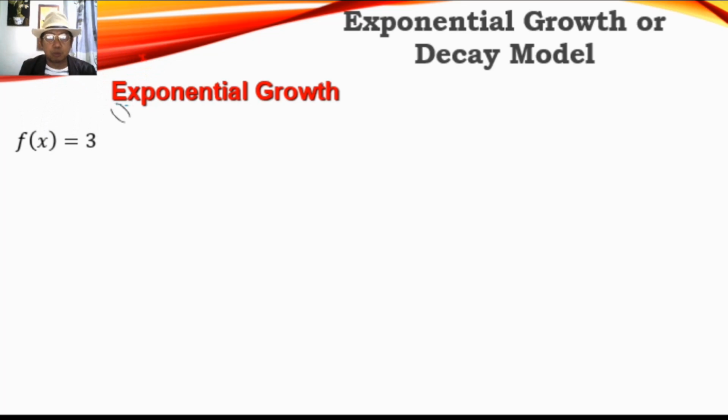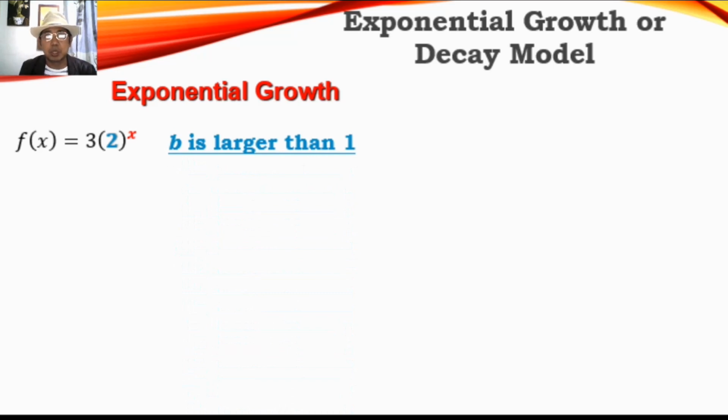To understand the exponential growth and decay model, now let's make a comparison by doing some computation. So what if I have exponential growth with this model, f of x is equal to 3 multiplied by 2 raised to x. You will notice in here that my b, or base, is 2, which is larger than 1.